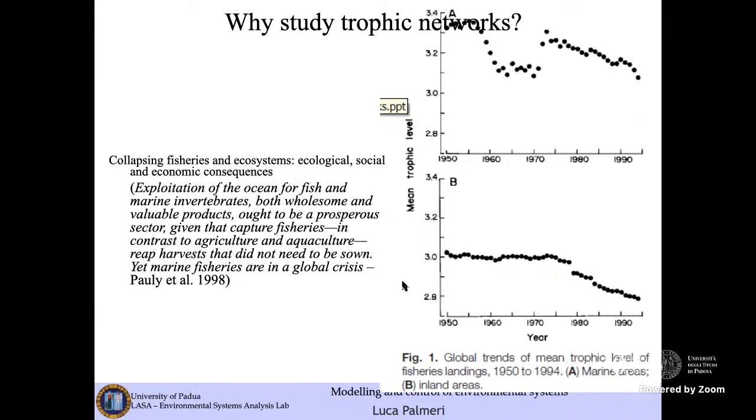So the mean trophic level of the organisms that pertain to a particular ecosystem, and we are studying how the mean trophic level evolves in time. For example, in this case, we have a clear decrease of the mean trophic level in time, meaning that we have a kind of compression of a trophic network toward the lower levels.